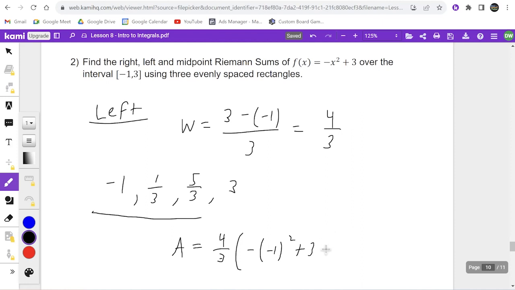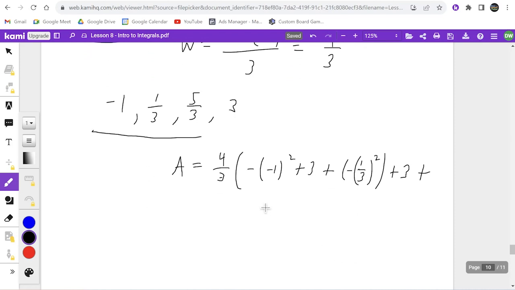The next one is plus -1/3 squared. Got to be careful with these parentheses. It's ridiculous. -1/3 squared plus 3. And then the next one is plus -5/3 squared plus 3.